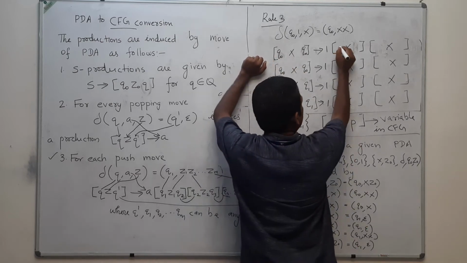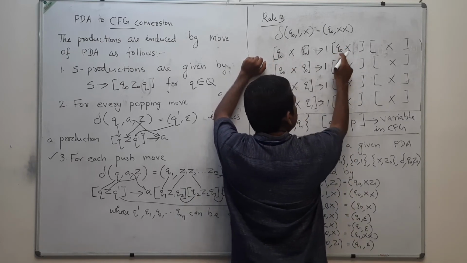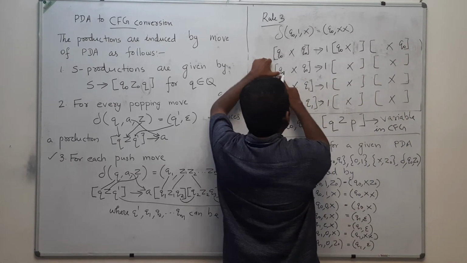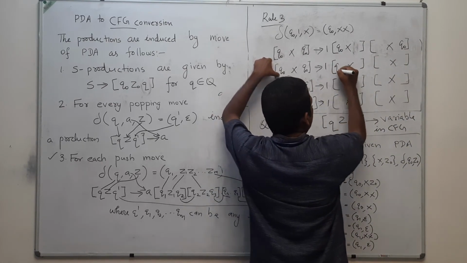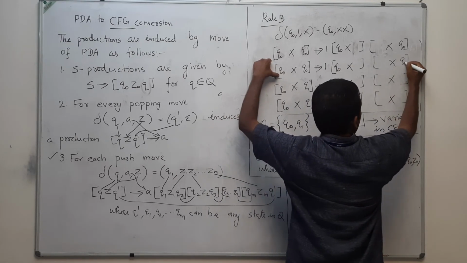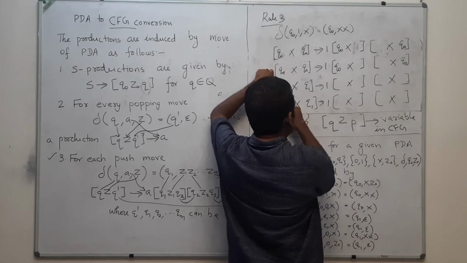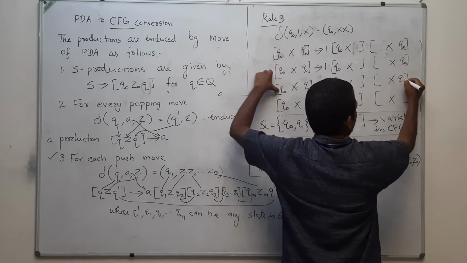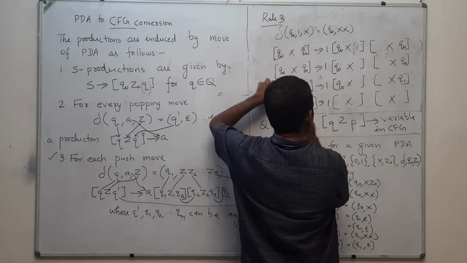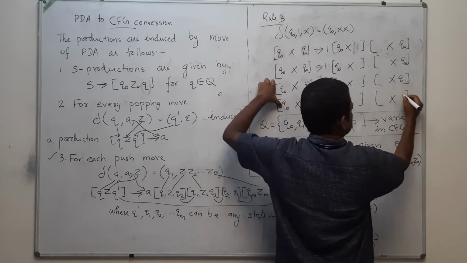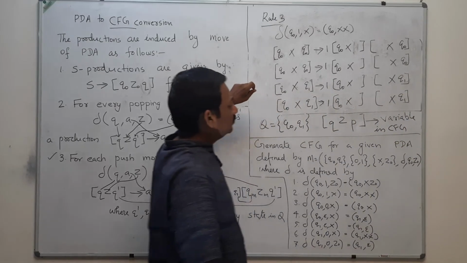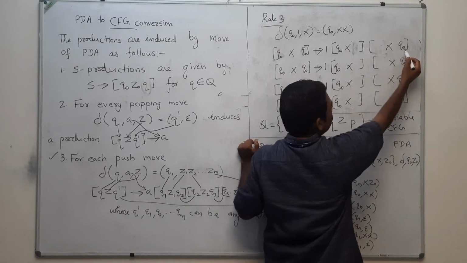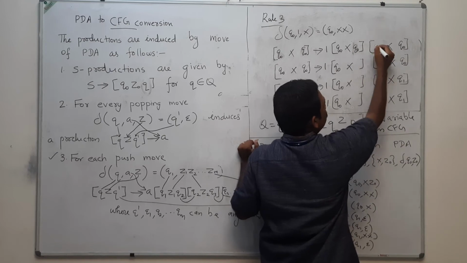So initially here it is Q0. You have to start from Q0 and you have to reach Q0. Here also you have to start from Q0 and you have to reach Q0. Here also you have to start from Q0 and you have to reach Q1. Okay. Now if you are starting from Q0 and you have to reach Q0, either this is Q0 and this is Q0.